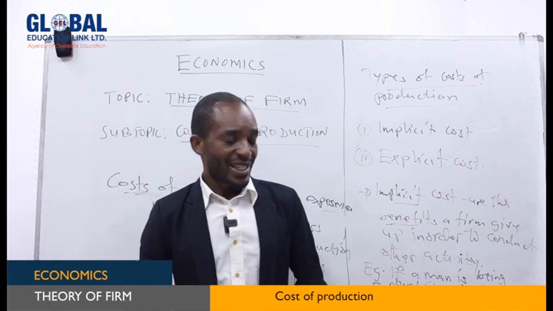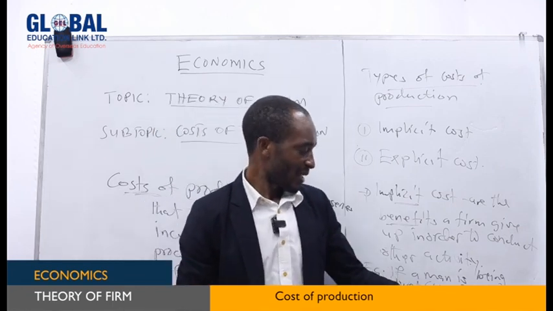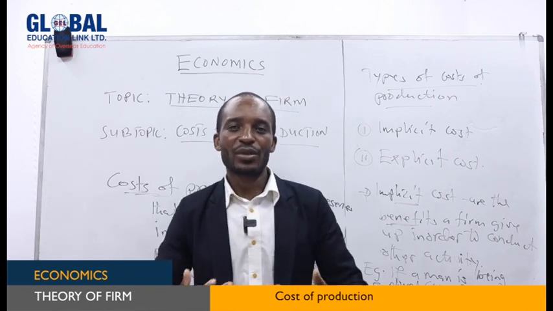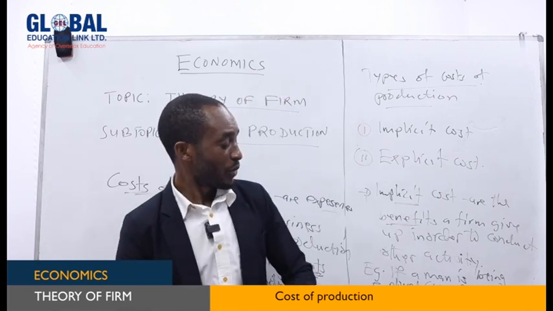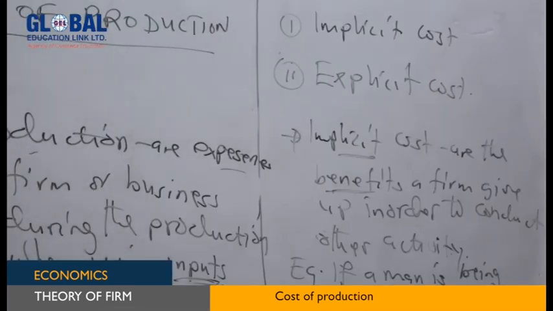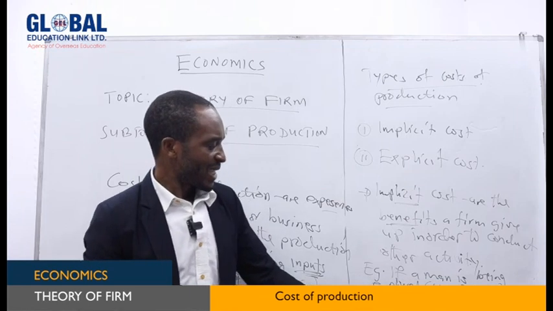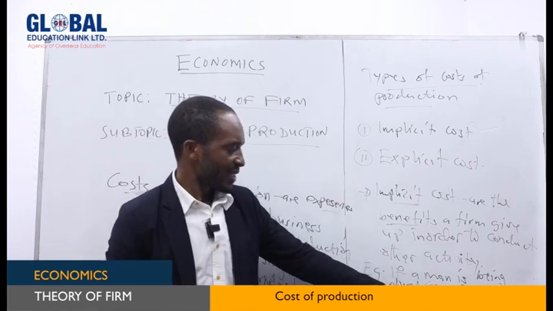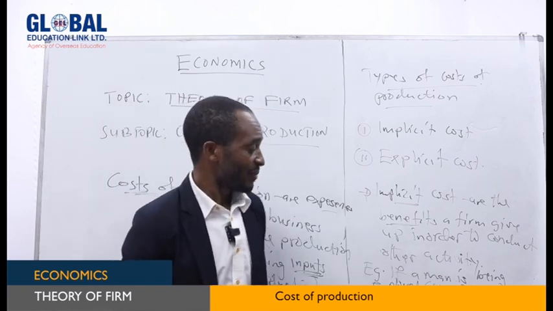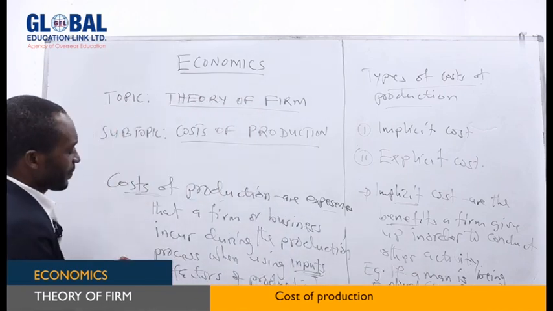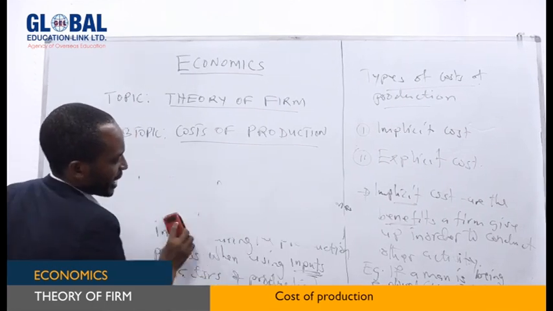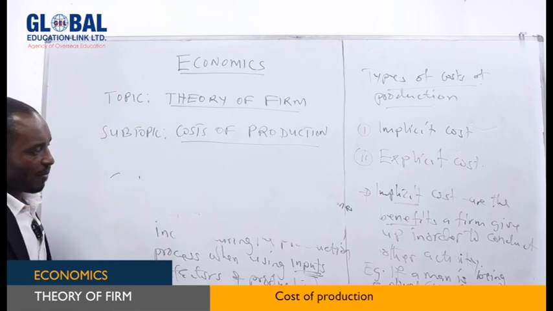Now, a businessman can give up this wage of 700,000 and start his or her own business, which will yield a profit more than this one, say 900,000, the profit he will get when he starts a business.